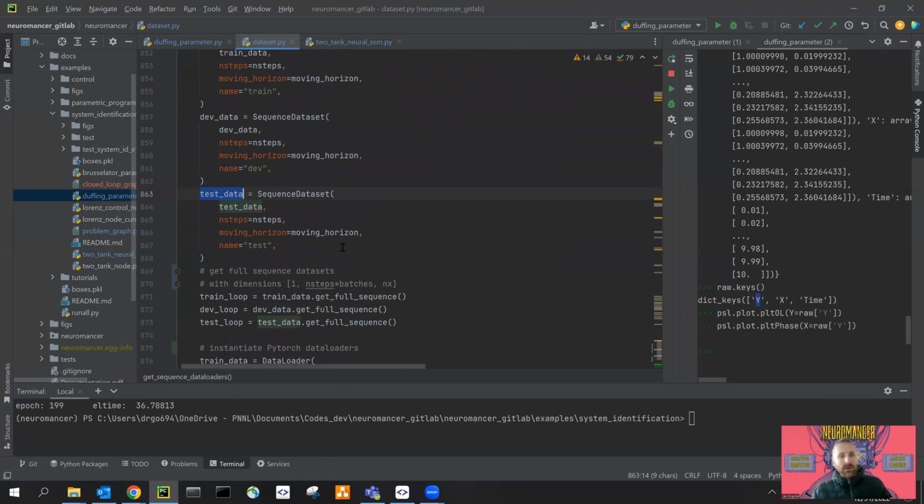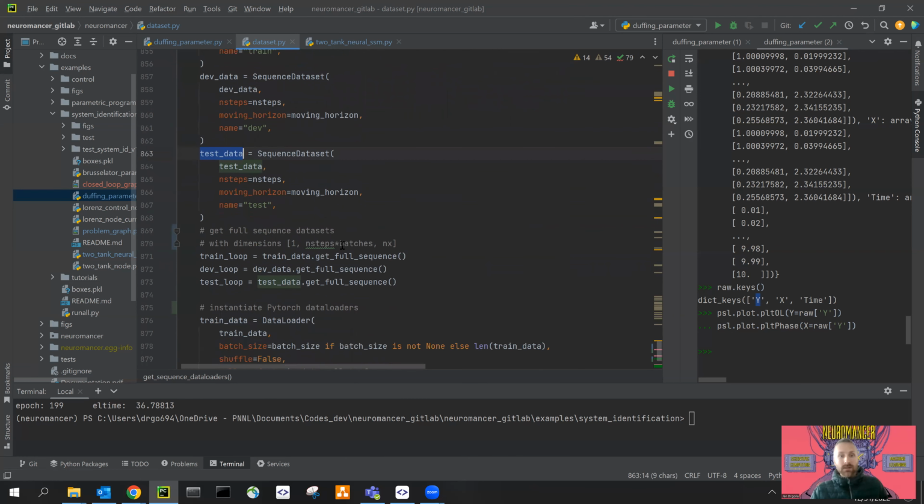So once we have this train, dev, test NeuroMANCER dataset, we can also obtain the full sequences by calling the method getFullSequence, which collapses all the batches into one and creates a continuous trajectory of the raw dataset.